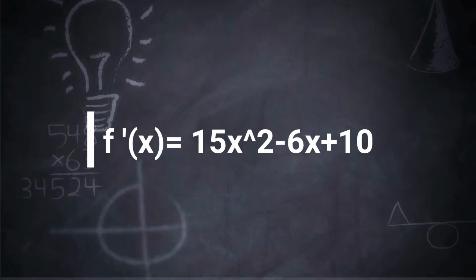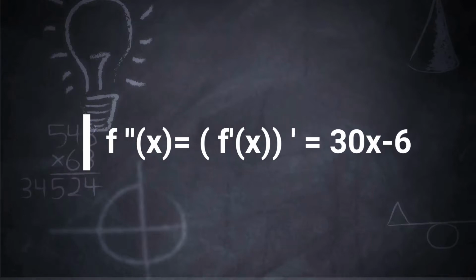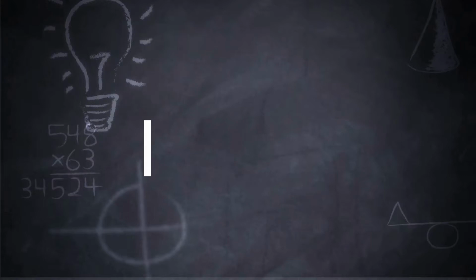Now, this is a function and so it can be differentiated. Here is the notation that we'll use for that, as well as the derivative. F double prime of x is equals to the derivative of f prime of x, which is 30x minus 6. This is called the second derivative, and f prime of x is now called the first derivative.